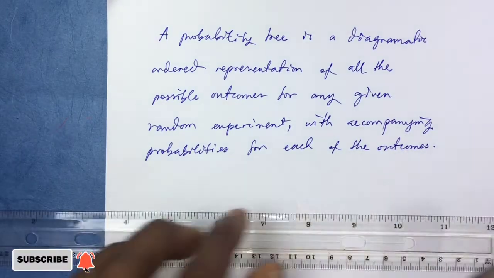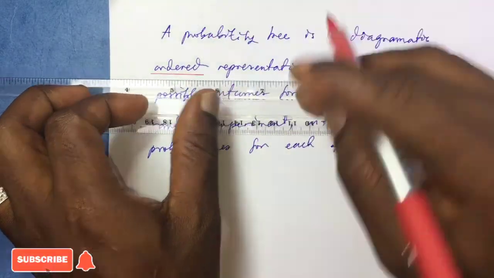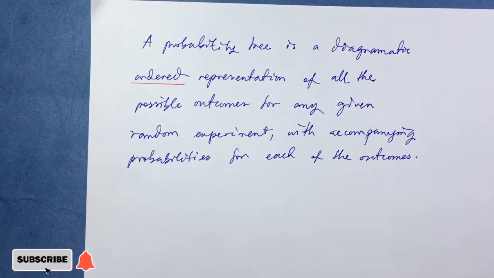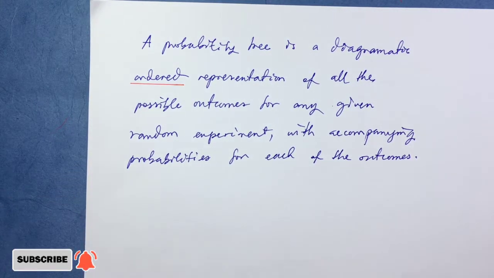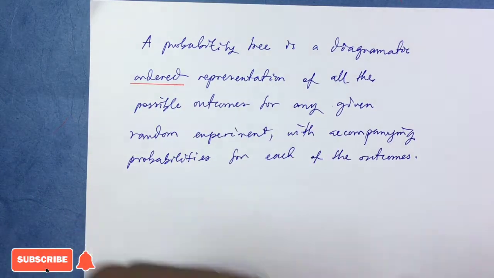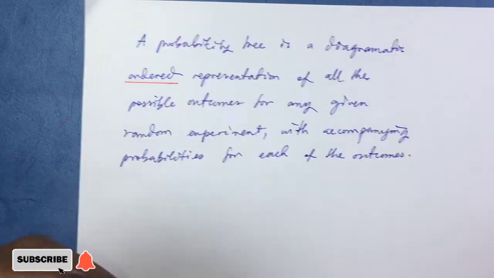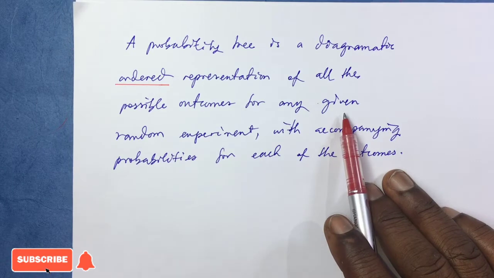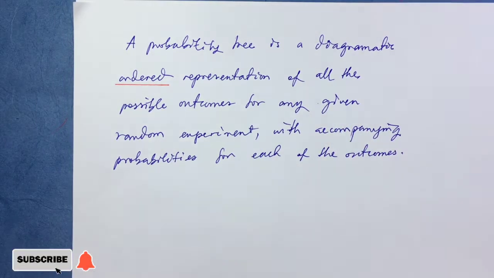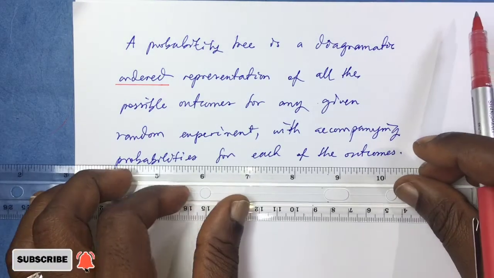Let's take note of this word, ordered. It tells you that the probability tree overcomes the demerit of theoretically representing sample spaces, where the problem we encountered was trying to ascertain what outcome should or should not be in the sample space, or what outcome is repeating itself. Also take note of this statement I'm underlining: with accompanying probabilities for each outcome in the sample space.